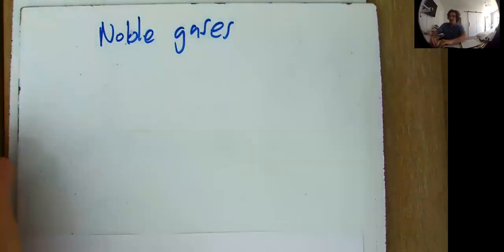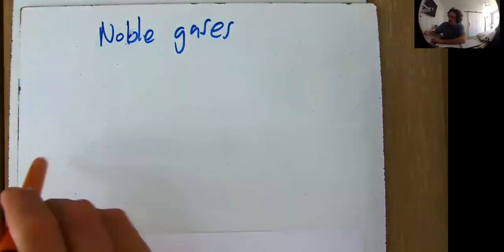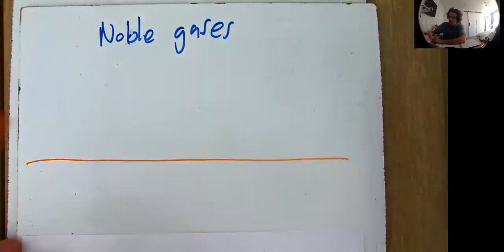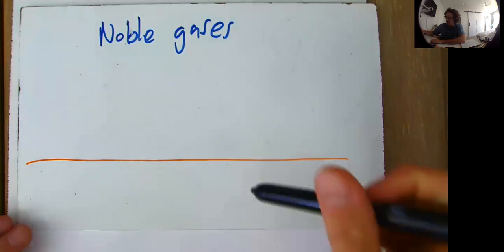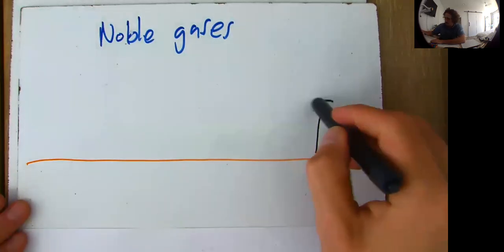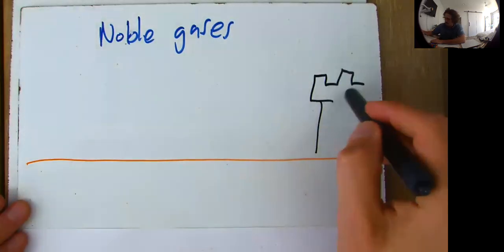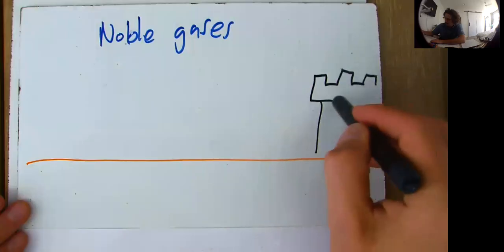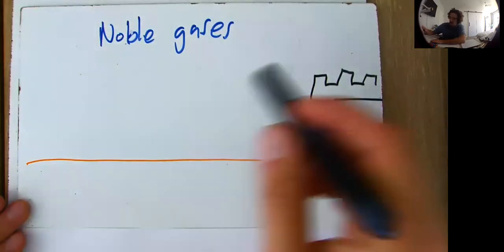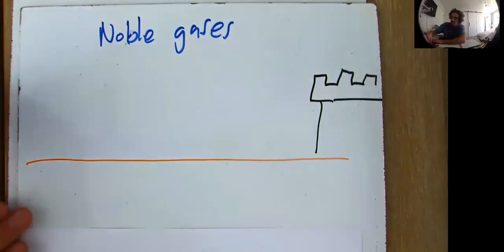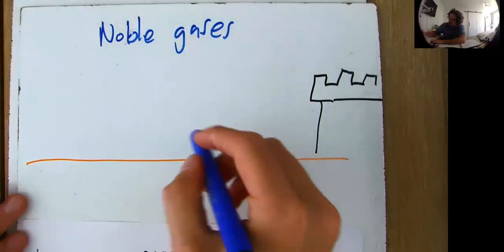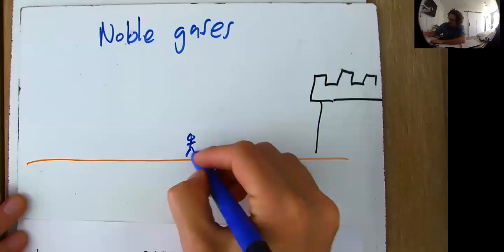So here's the lands, and imagine mid-century England in the dark ages when they had castles and stuff. This was a hard time in the world, especially for the people that lived outside of the castles, like these people.